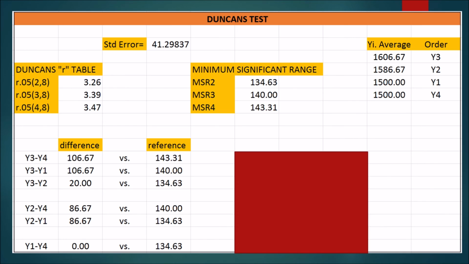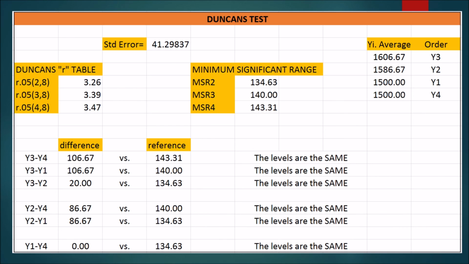In order to know if each interaction is significant or not, we must compare the difference versus the reference. If the reference is larger than the difference, then we can assume that the levels are the same. And since in this test we see that the reference is always bigger than the difference, we can assume that all levels are the same and that our original hypothesis was correct.